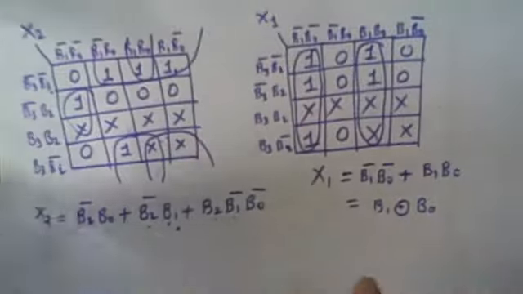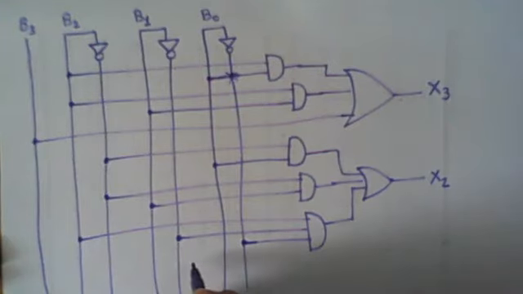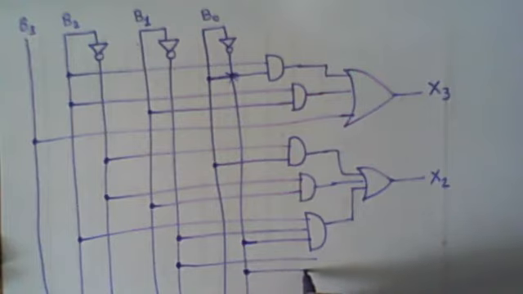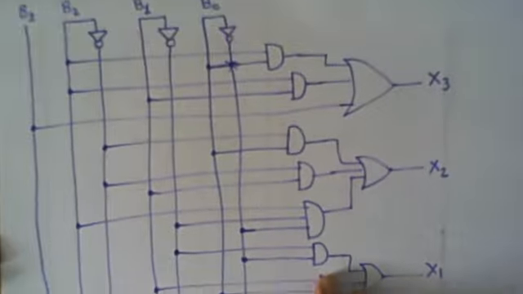Now for the X1, we can see it is B1 bar B0 bar plus B1 B0. So it is B1 bar and B0 bar ANDing, and B1 and B0 ANDing. ORing produces the X1, and for the X0 it is B0 bar.